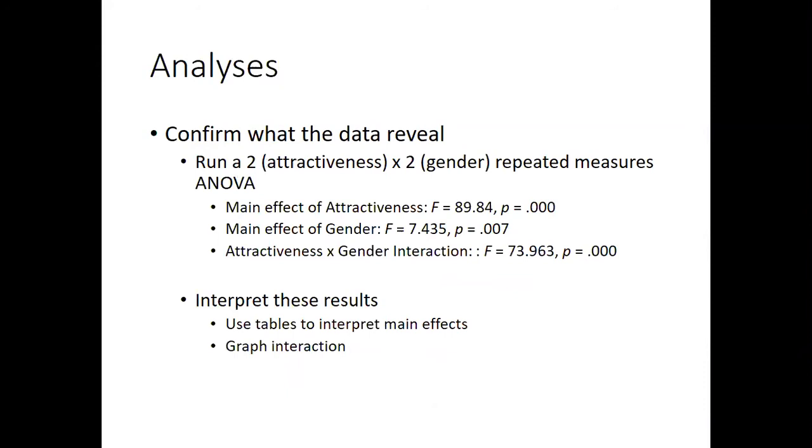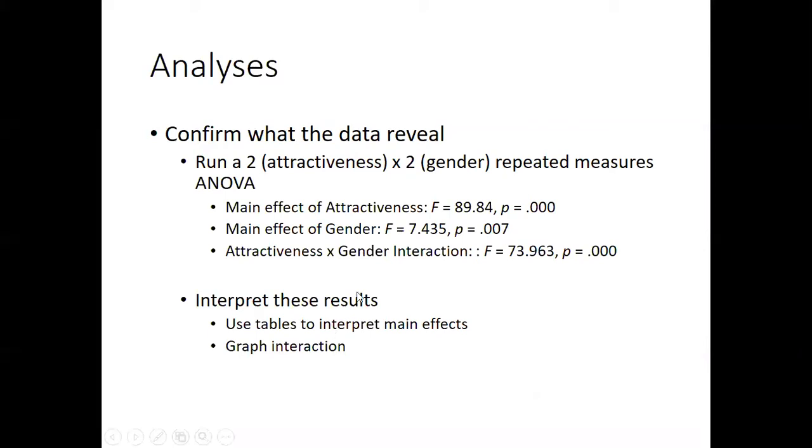The next step, if you remember from our data analysis material, is confirming what the data revealed. This is called the hypothesis testing component. Now, you don't need to know the details of the analyses. The analyses we're doing are a 2x2 repeated measures ANOVA. We haven't talked about this in detail. I just want you to be able to interpret the outcome, so don't worry too much about this.